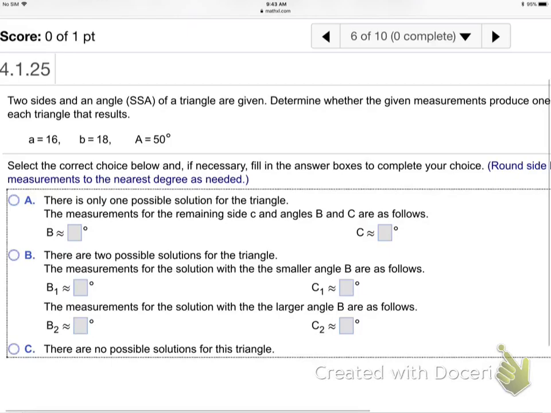All right, let's try that one. Given side AB and capital A, I bet we're going to get two answers that are valid in the triangle here.